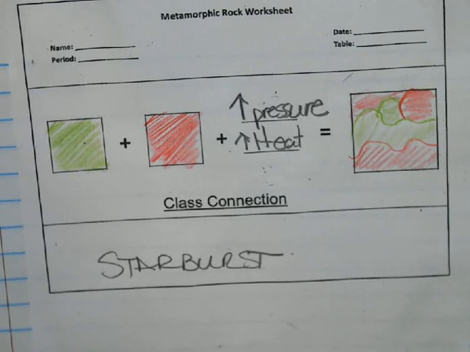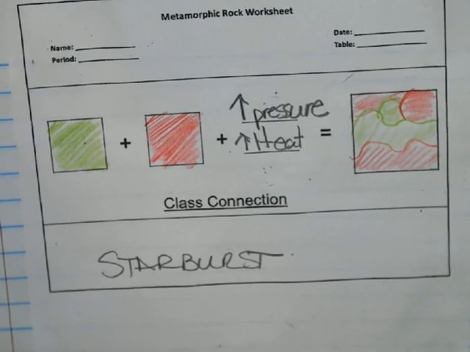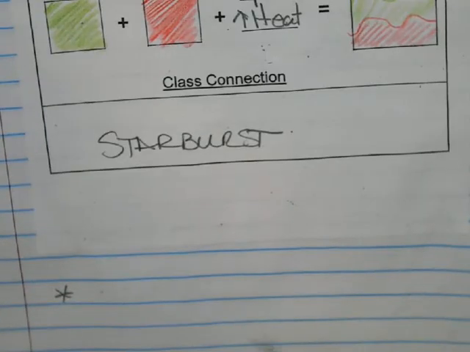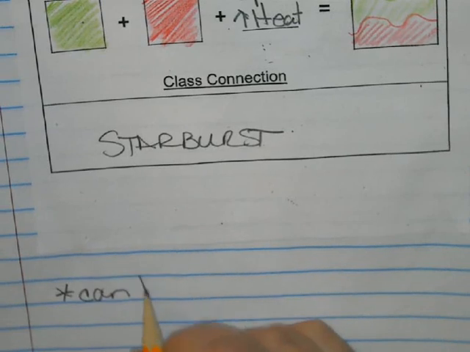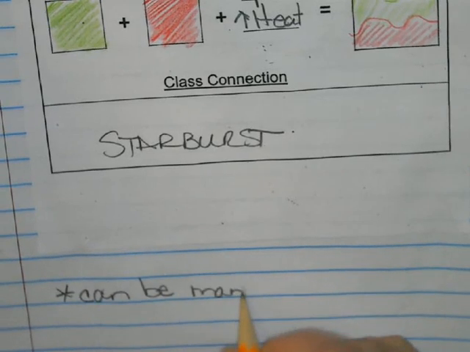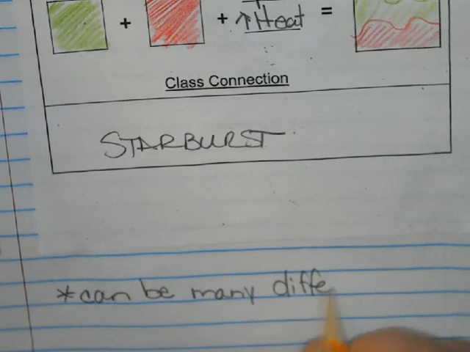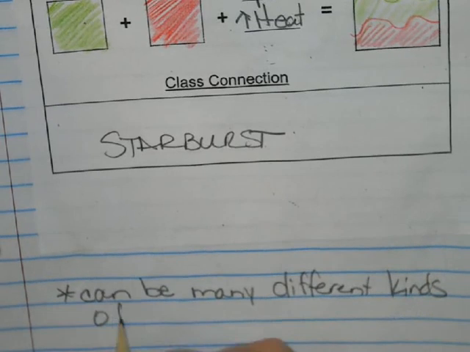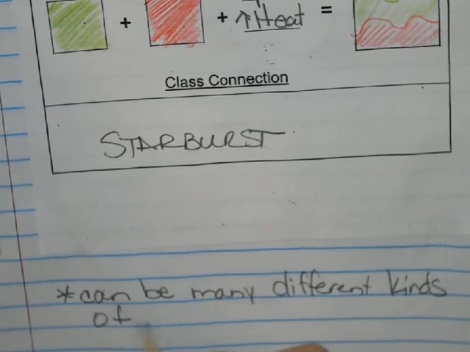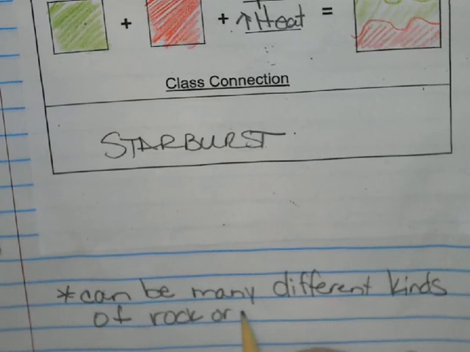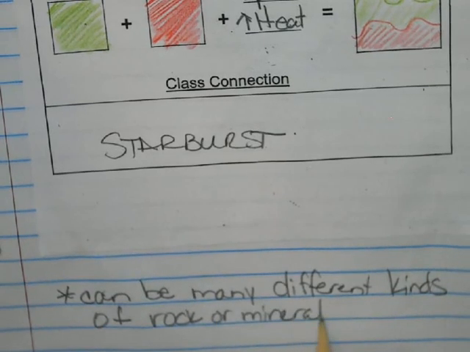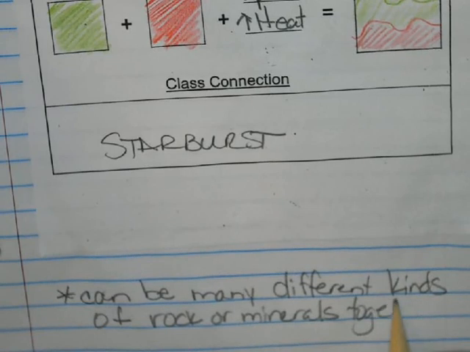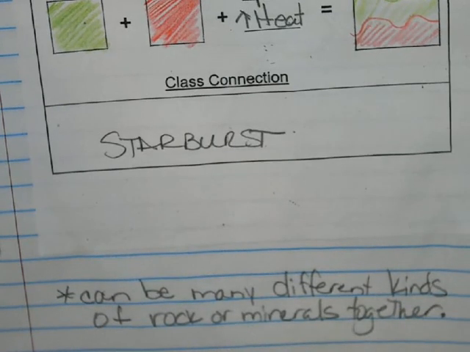So underneath here, you're going to write, it can be many different kinds of rock or minerals together. So metamorphic rock can be many different kinds of rocks or minerals together.